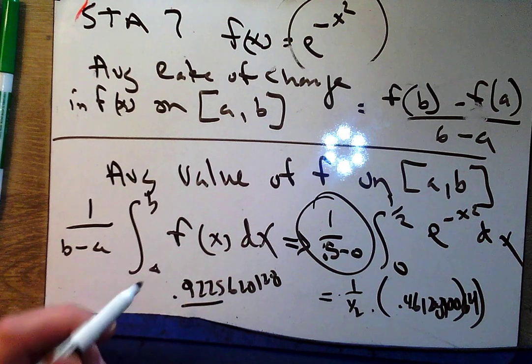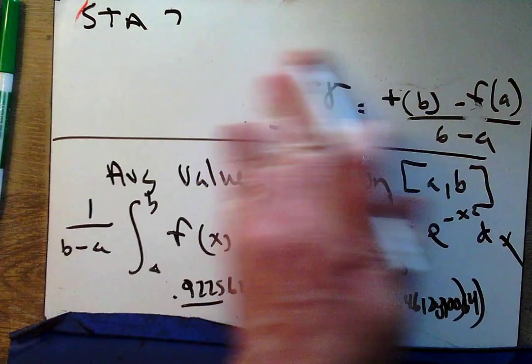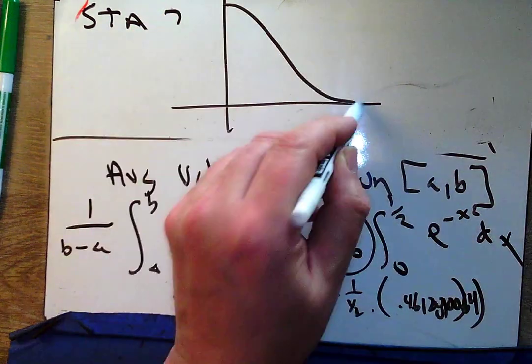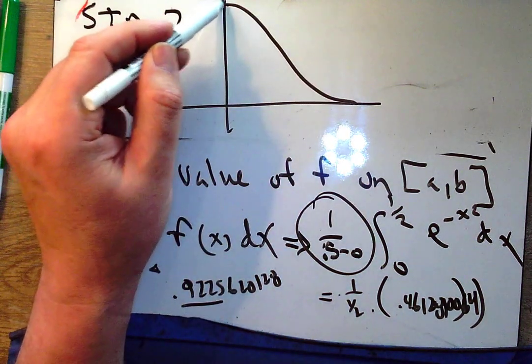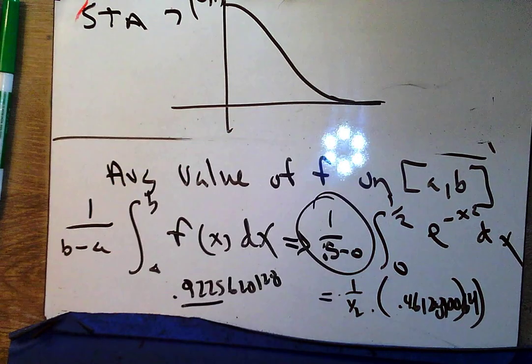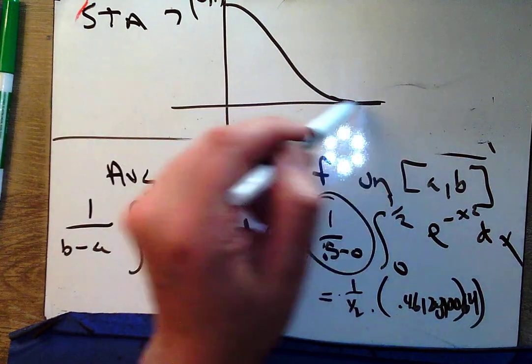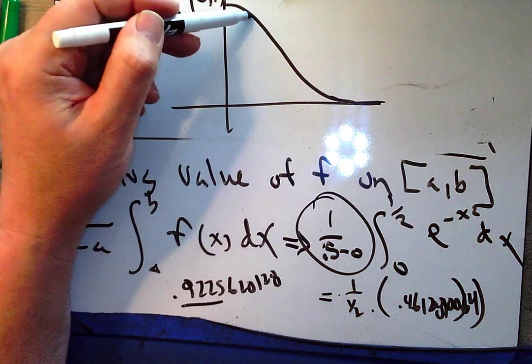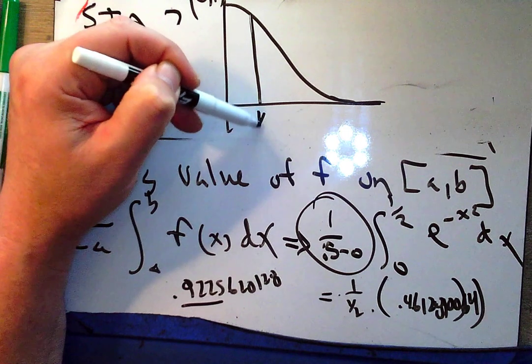Well, that's really interesting, isn't it? Because when we think about this problem, I know that this starts at 0, 1, and we're heading towards 0 as x heads to infinity, but we're only looking until we get to 1/2.